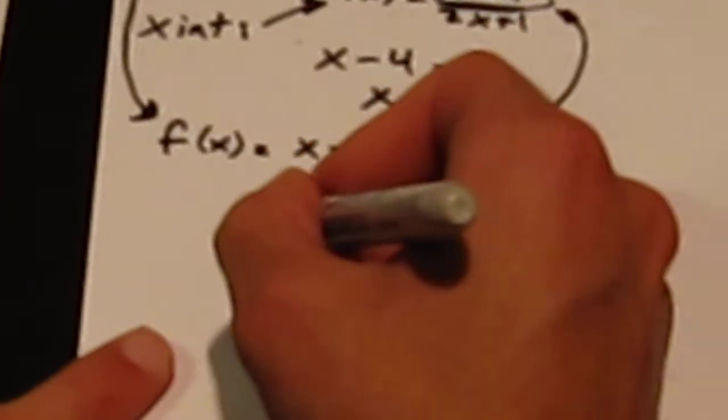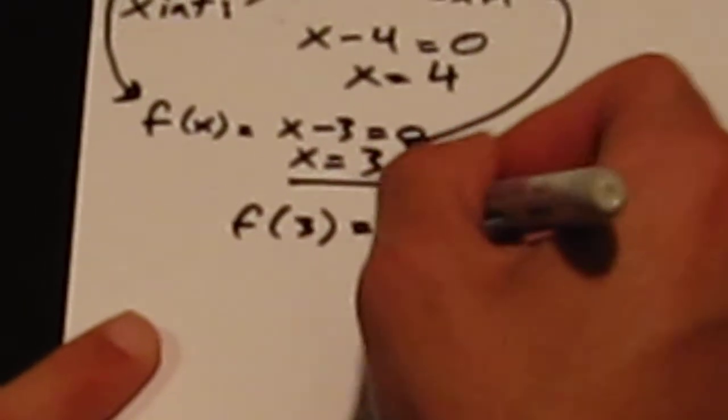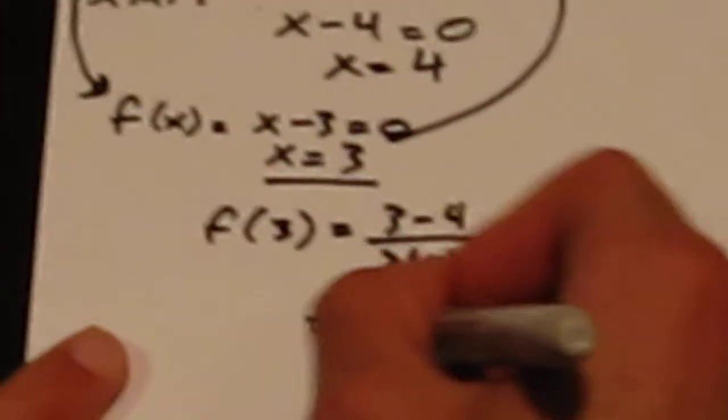That's going to be important later. Now we're going to plug this 3 into the formula, and that's f of 3 equals 3 minus 4 over 2 times 3 plus 1, and that's going to give you negative 1 over 7.